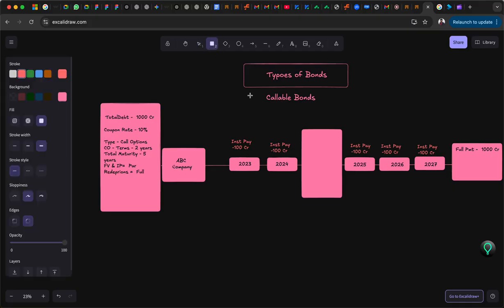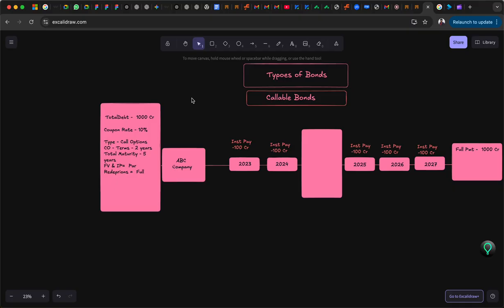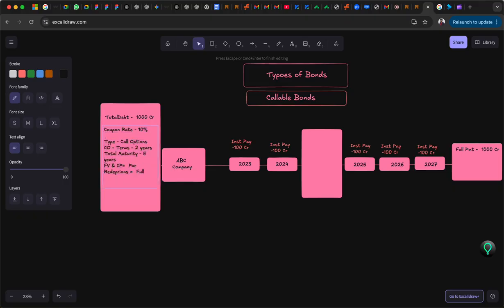Now, look at the market. Okay. Let's say you are the owner of this ABC company. You have issued bonds in the market at a 10% coupon rate with a fixed interest rate, because most corporate bonds have a fixed interest type.